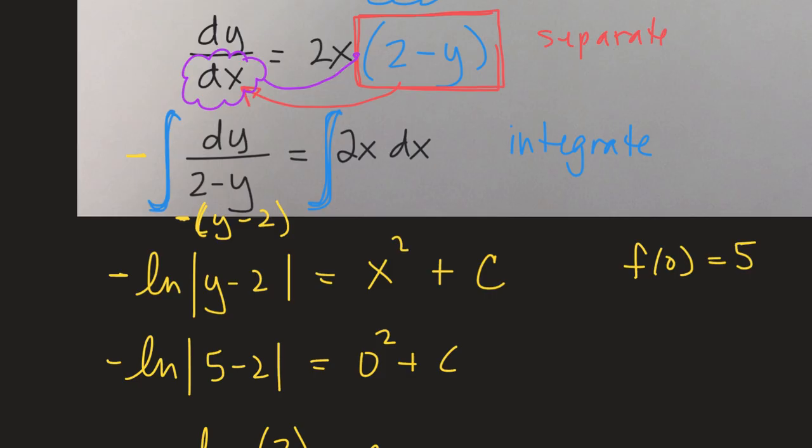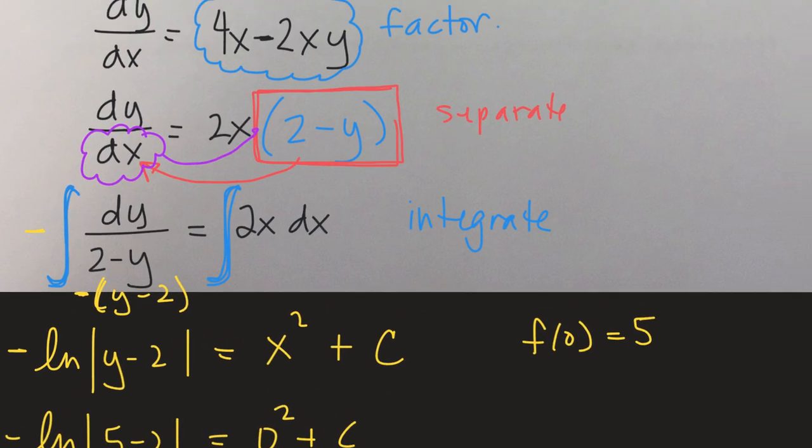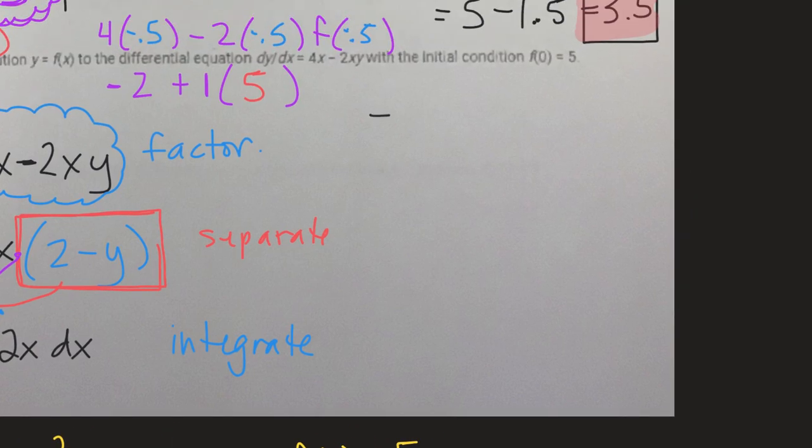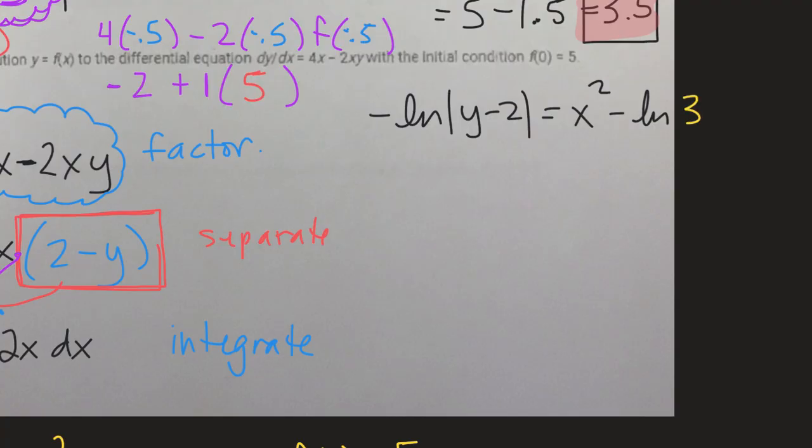Because 5 minus 2 is positive, we don't have to worry about the absolute value anymore. So now let's come back up here, and we're going to solve this equation for y. So we have negative natural log of y minus 2 equals x squared minus the natural log of 3. C was negative natural log of 3, so it becomes a minus when we plug it in here.